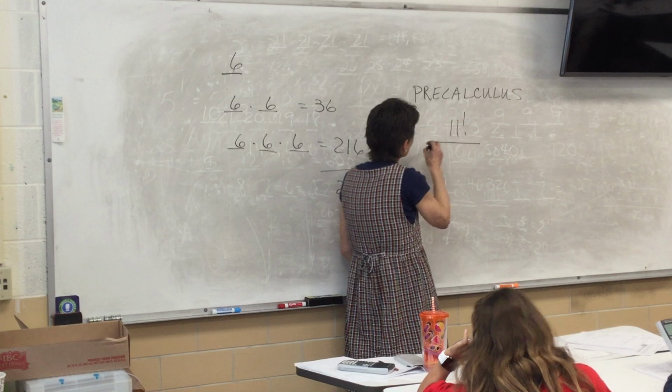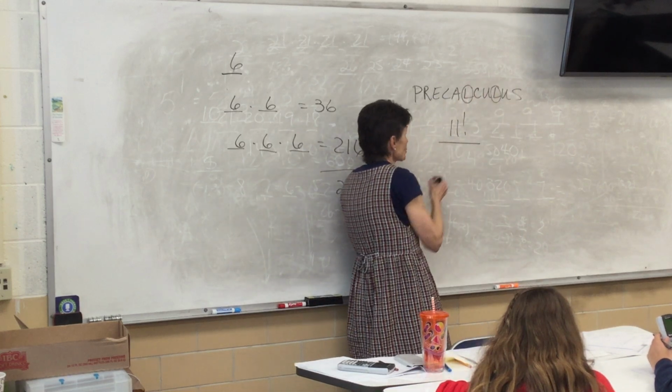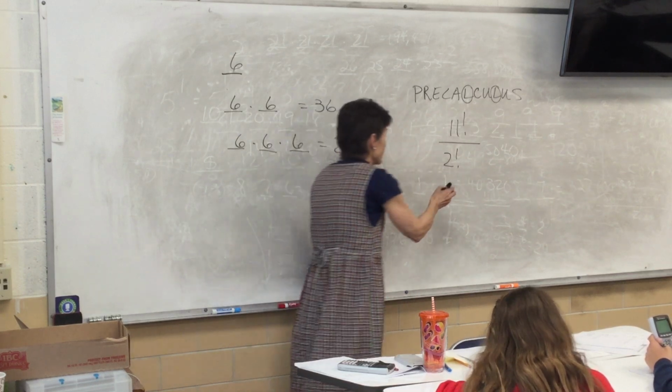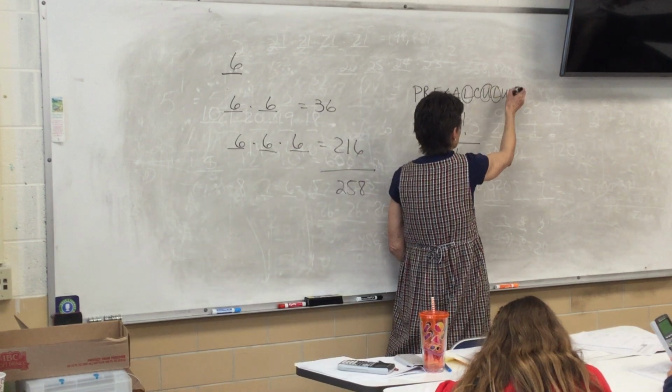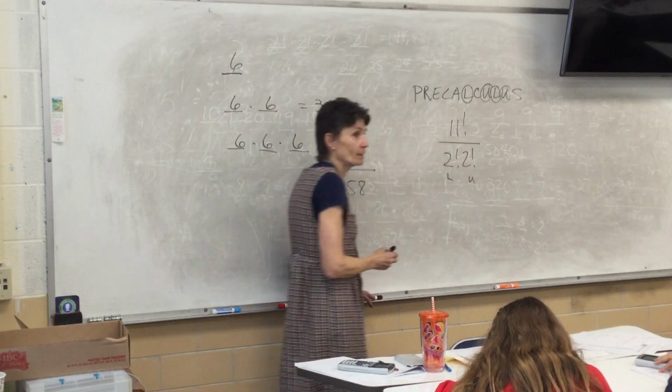So there are 2 L's, so I'm going to divide by 2 factorial. There are 2 U's, so I'm going to divide by another 2 factorial.